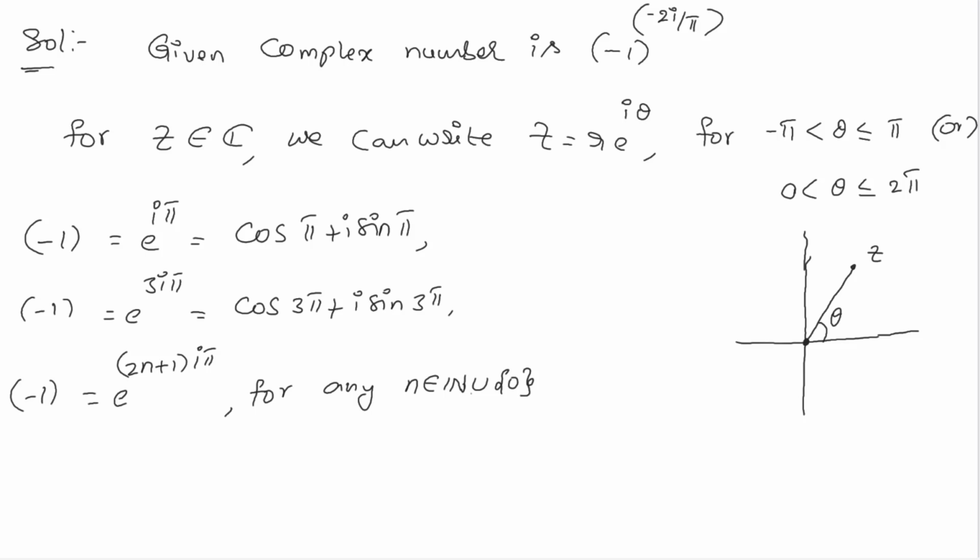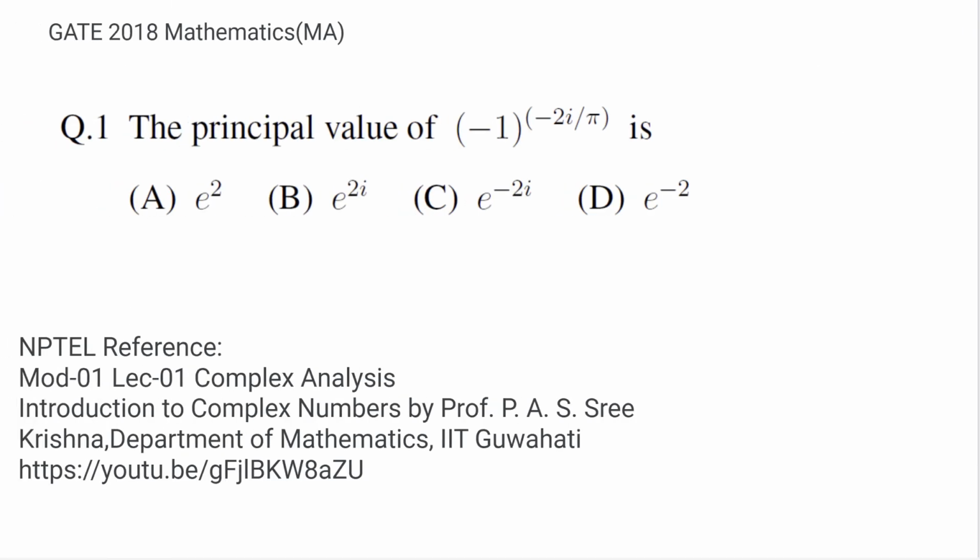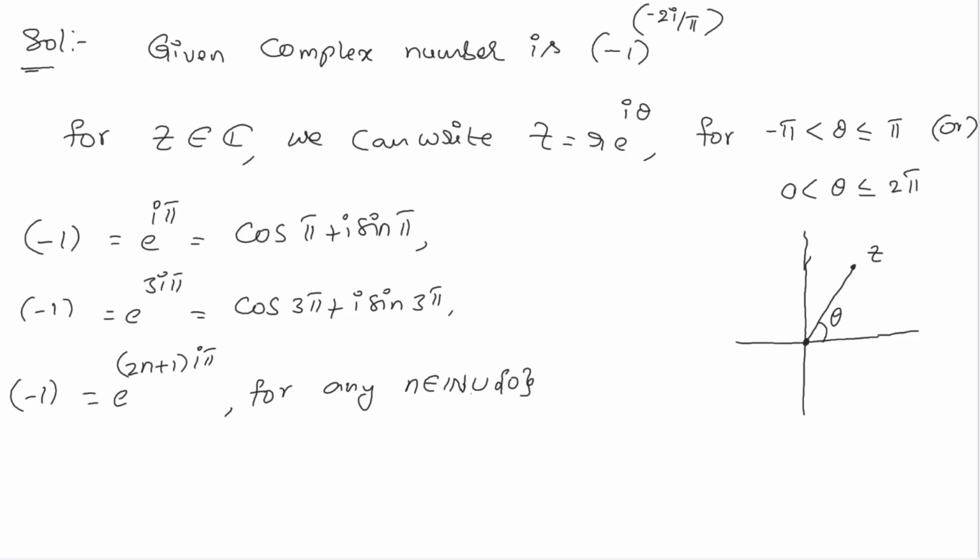But when we come to the problem, it asks for the principal value of this complex number. By looking at the definition of the principal value, this angle theta should lie between minus pi and pi. That is the definition of the principal part.